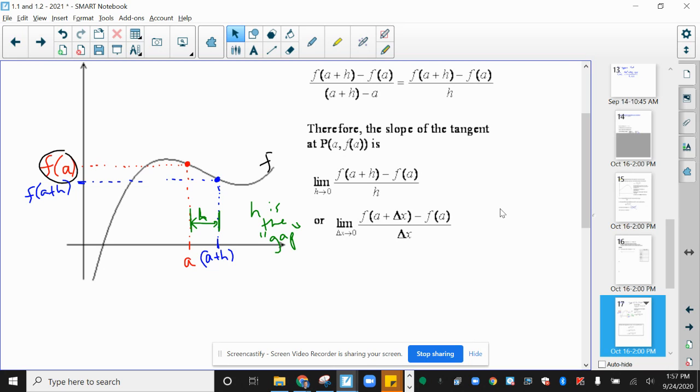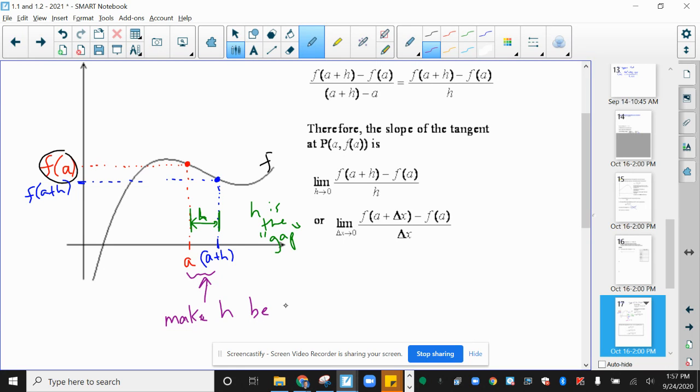The argument is, make the gap be as close to 0 as possible, not equal 0.